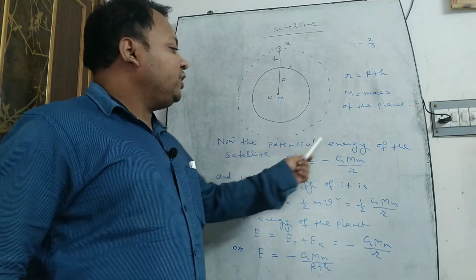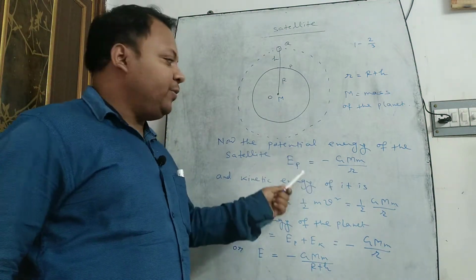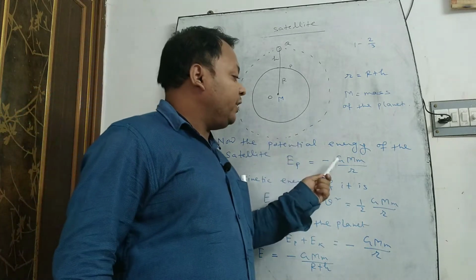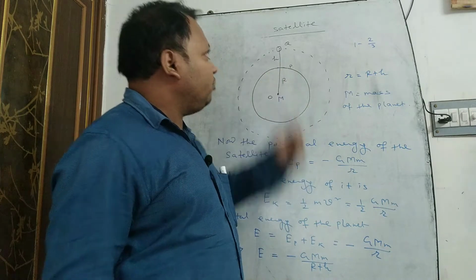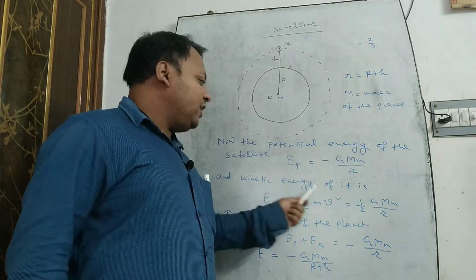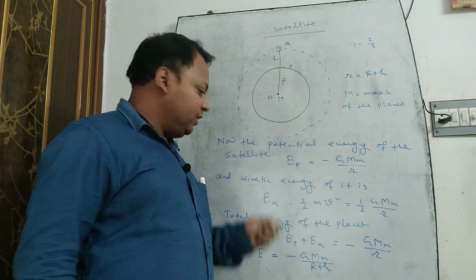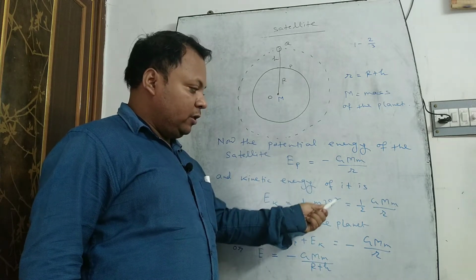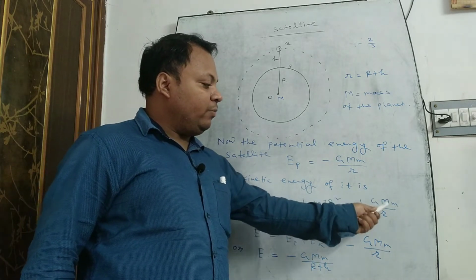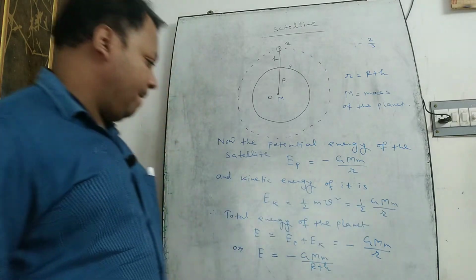Now the potential energy of the satellite, EP, is equal to minus capital G capital M small m by r. Here small m is the mass of the satellite. The kinetic energy of this satellite is Ek, equal to half m v square, which is equal to half capital G capital M small m by small r.